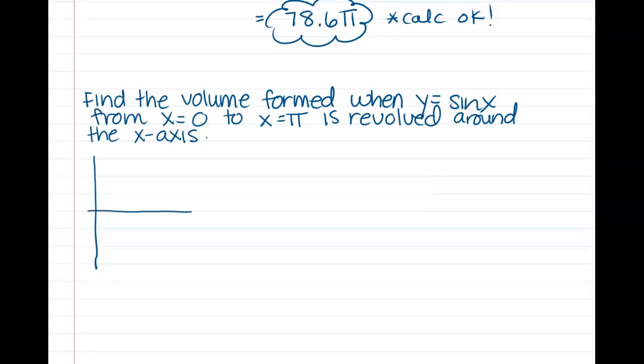So 0 to pi, let's say pi is there. The sine x curve, well, we know that sine of 0 is 0 and sine of pi is 0. So we'll do something like that. If we reflect it about the x-axis, get something like that.